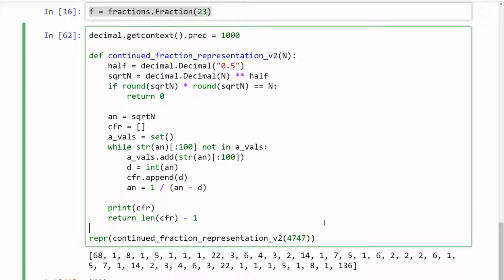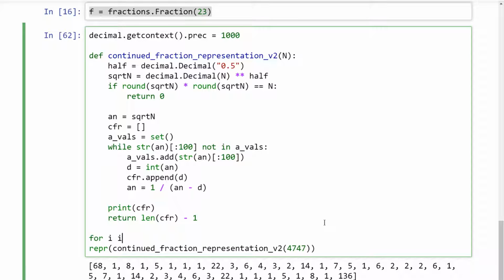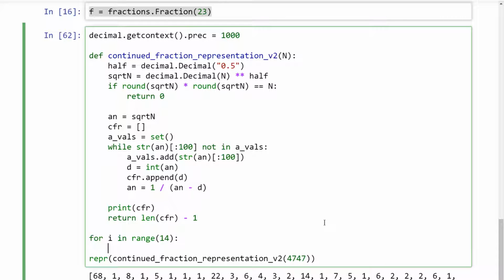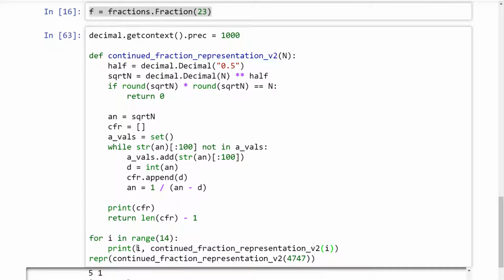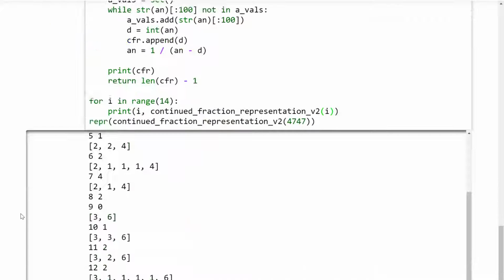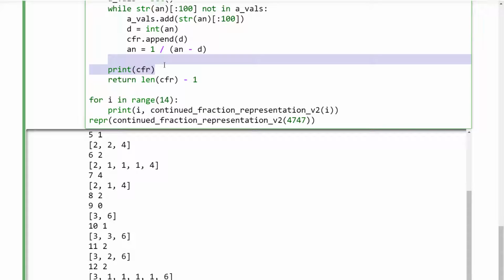So let's just do for i in range, what is it up to? 14, 13, print, boop, i, comma, this, i, and let's break.